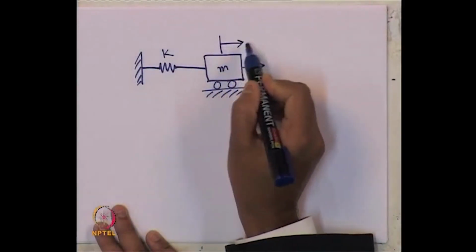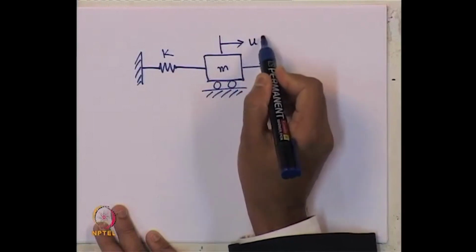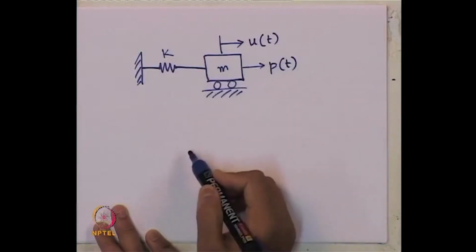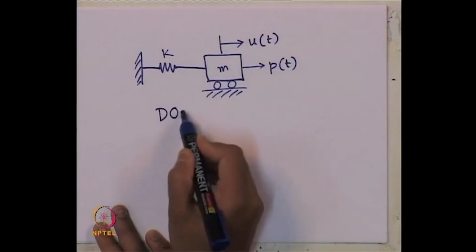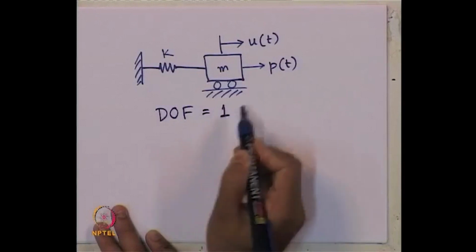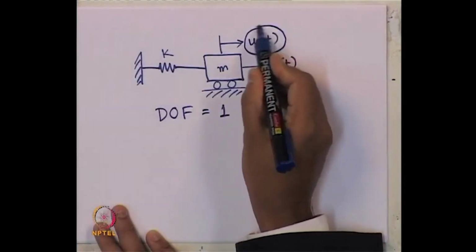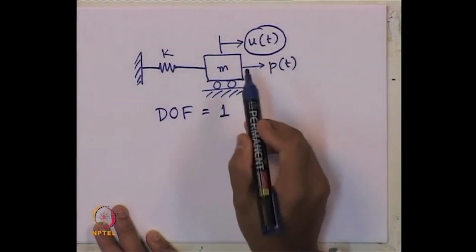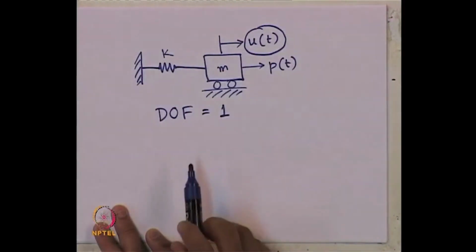That is this u of t, because of the application of say p of t. So, in this case the degrees of freedom will be 1, because only one parameter or coordinate is required to know its position at any point of time.